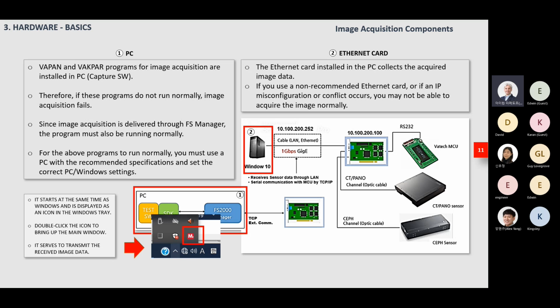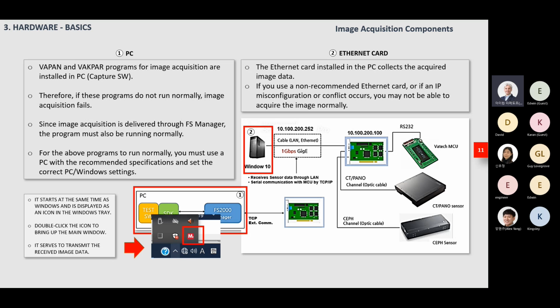I actually mentioned this in the first part of this webinar, and I will show you in more detail later. Whenever you install the install shield, this FS2000 manager will be installed on your PC automatically. So you don't have to set up or additionally install anything.